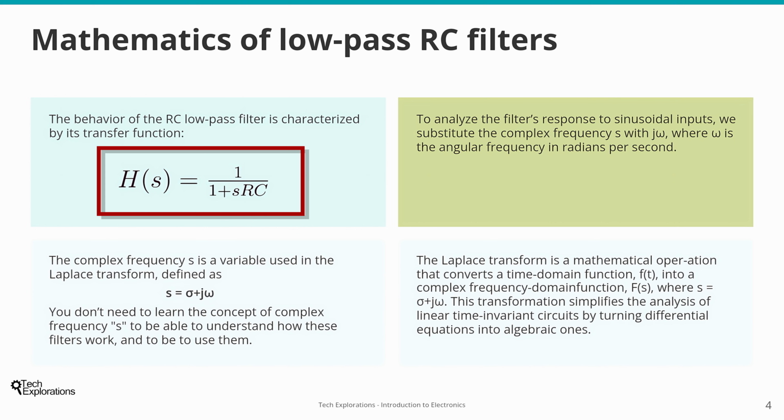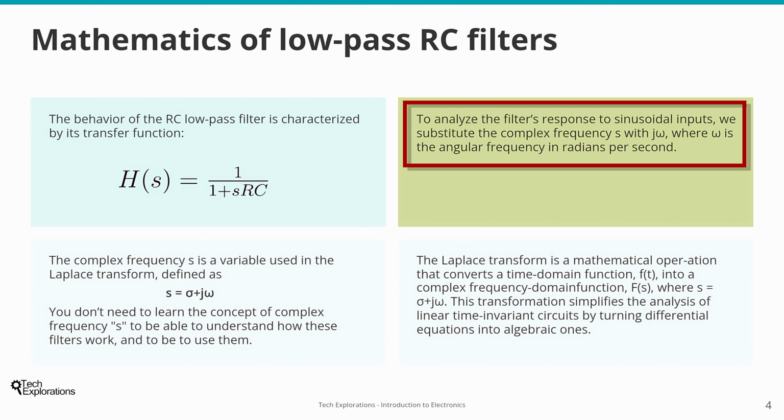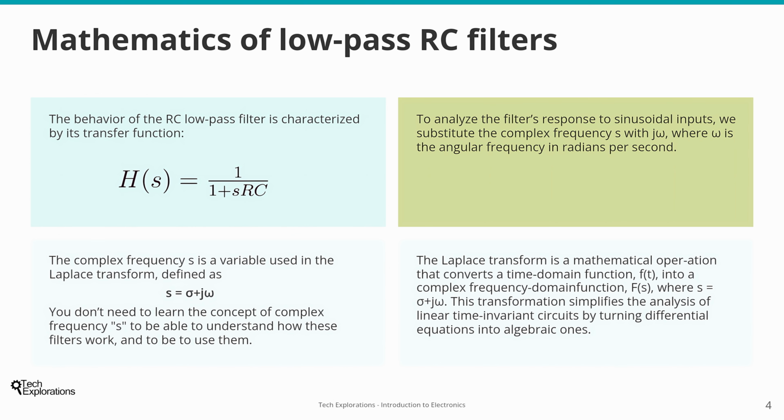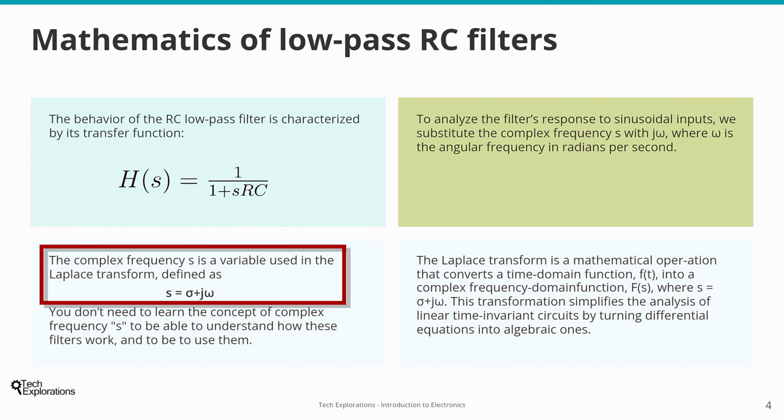To analyze the filter's response to inputs, we substitute the complex frequency S with J times omega, where omega is the angular frequency in radians per second. Now here's another definition. You might be wondering, what is a complex frequency? So the complex frequency S is a variable used in the Laplace transform, defined as S equals sigma plus J times omega.